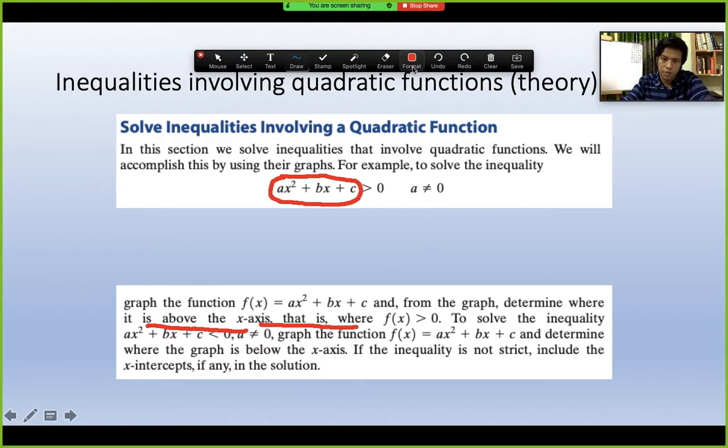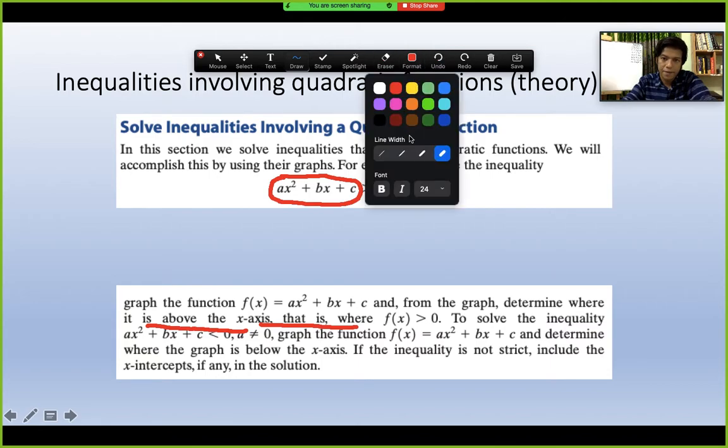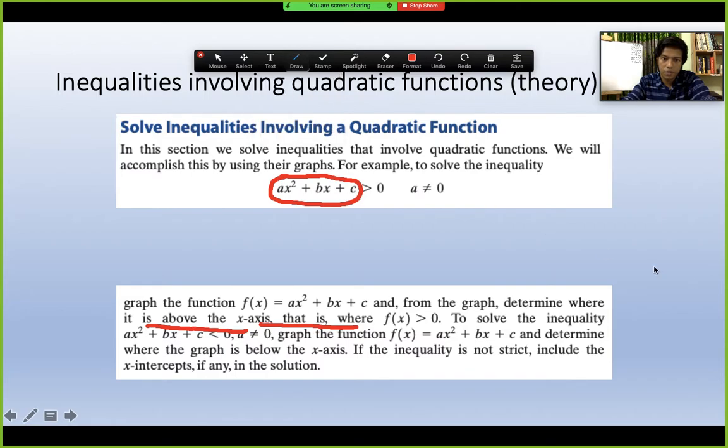Let me show you. Suppose we take two lines, and we can draw an open up or open down graph, any kind of graph. Let's draw an open down graph.